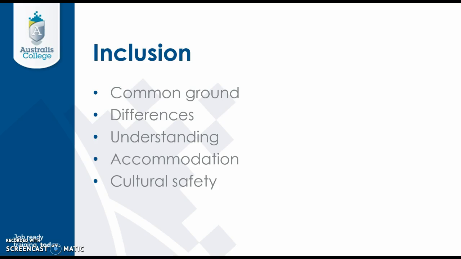Accommodation is an important step where a problem-solving approach is used to find solutions to ensure that differences in views and actions are able to occur and any advantages to differences are maximized. Cultural safety is an important part of inclusion where people should feel safe in expressing their culture and are able to partake in cultural practices such as accessing prayer rooms without fear of discrimination.